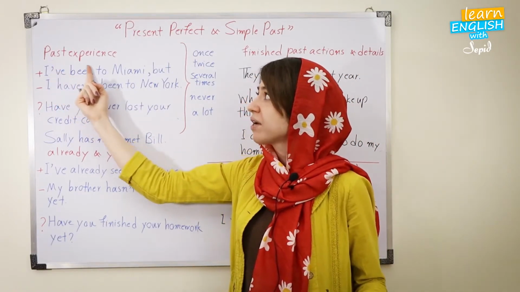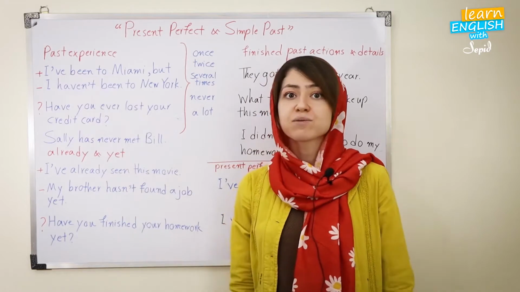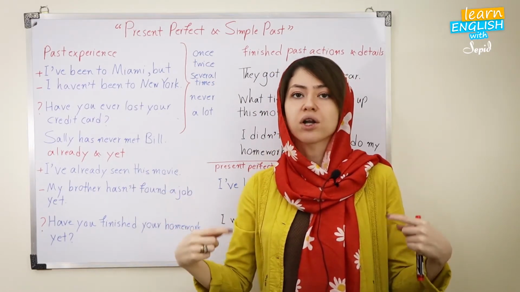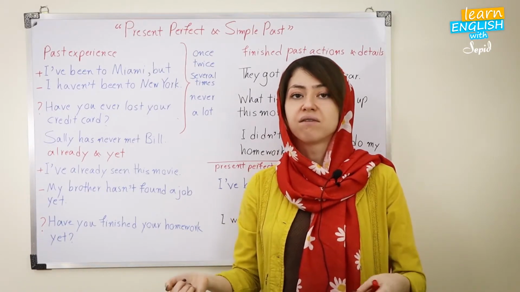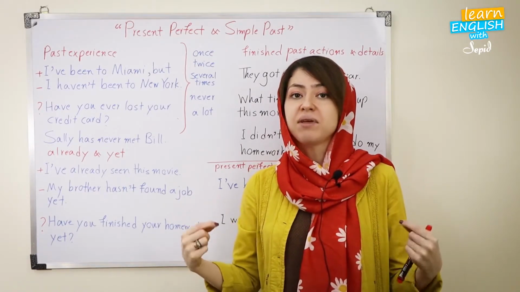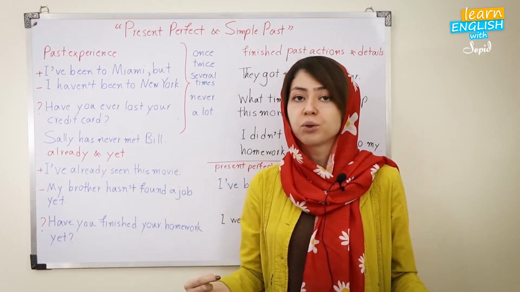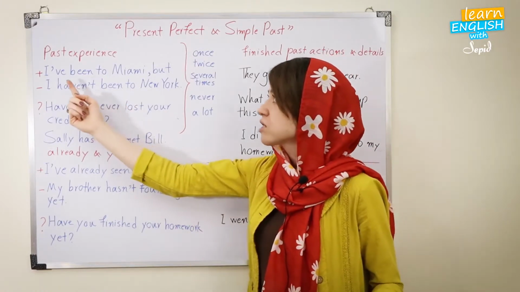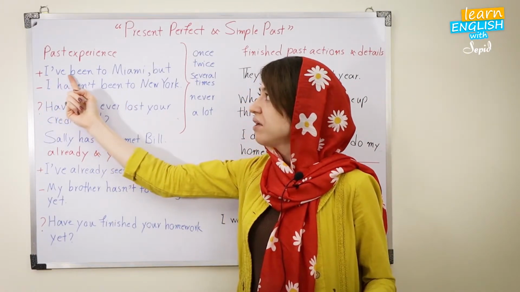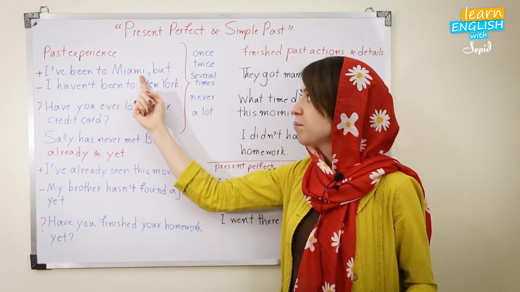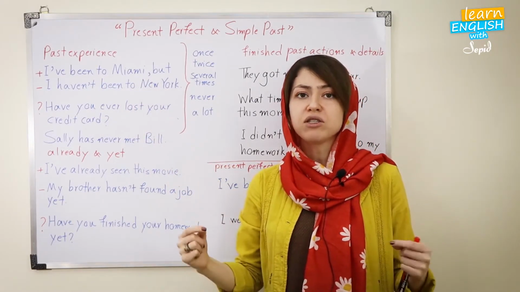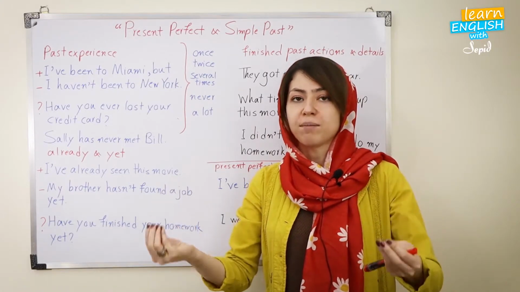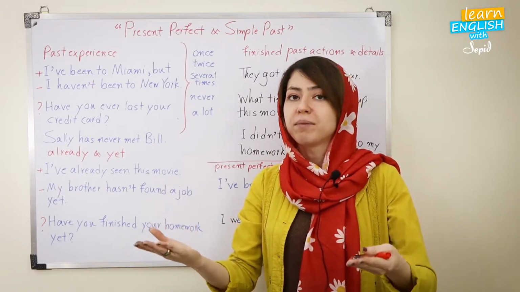We use present perfect for past experiences, okay? Whatever experience I have, or you have, or other people have from the past can be expressed through present perfect tense. It's really important. So let's go. I've been to Miami. It means I went to Miami. I saw Miami.